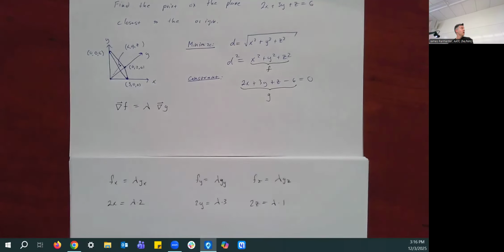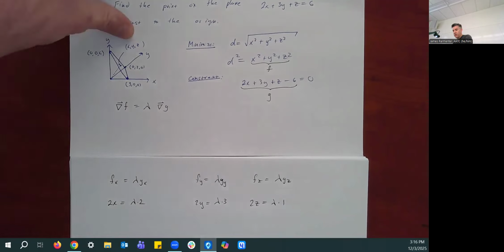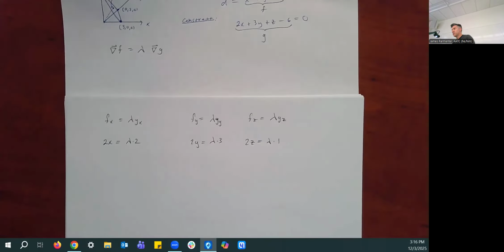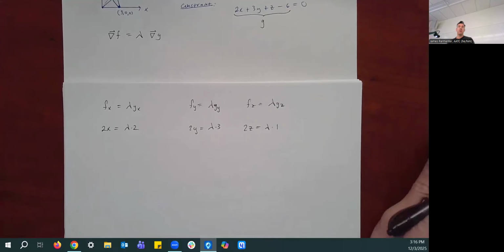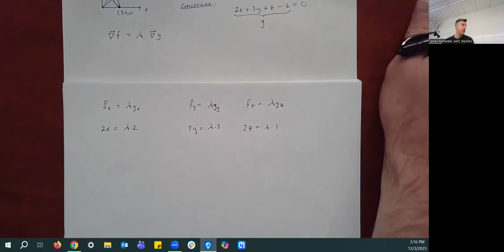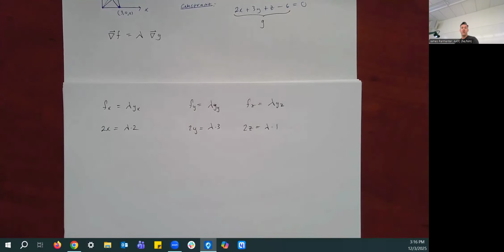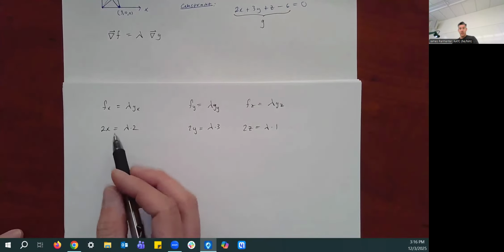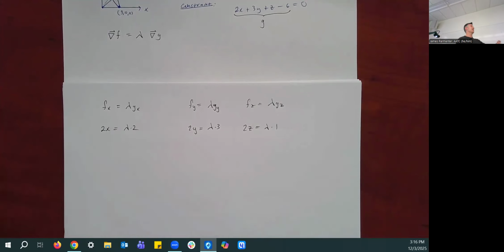So here's what I'll point out. As I said last time, there's lots of ways to do this. I personally don't want to solve for lambda ever, meaning I don't want to find the value that lambda is actually equal to, because I don't really need to, but one certainly could.